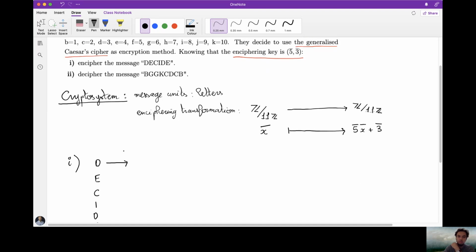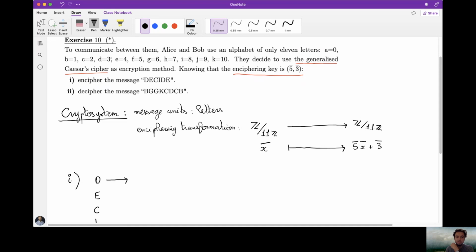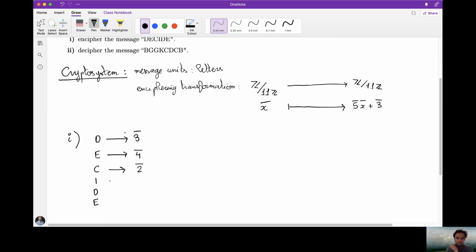D, if we come back to here, we said D was 3. E is 4, C is 2, I is 8, D is 3, and E is 4.